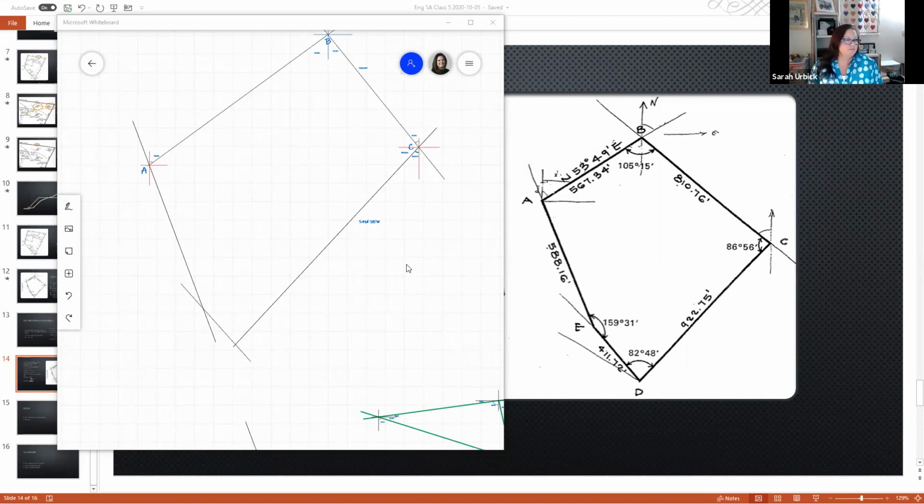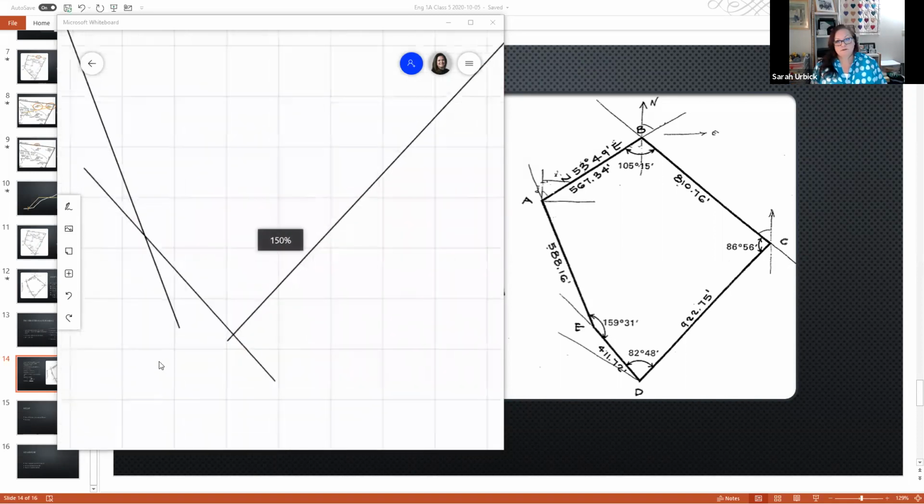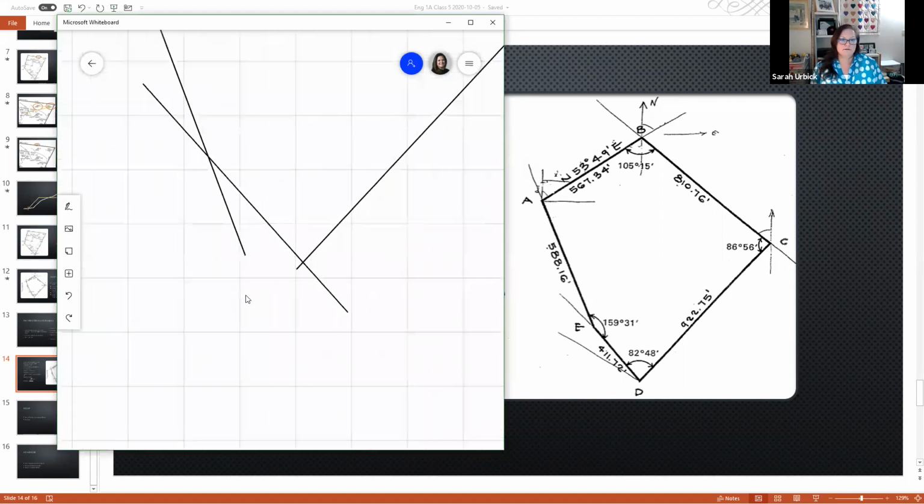Okay. So what do we do next? Okay, so we've got our angle D. We know what that interior angle is, right?